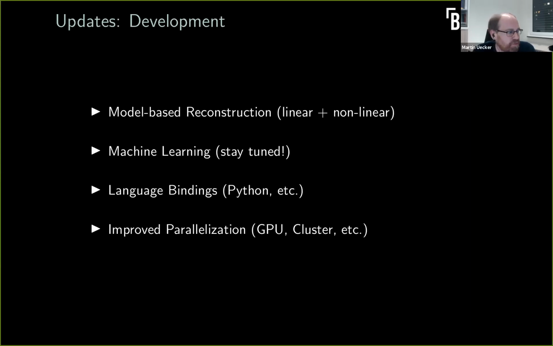There are some improvements already integrated and more upcoming. We also hope to support BART on the cluster so that you can do reconstructions which span multiple cluster nodes. These are topics which are actively being worked on, and some of this will appear very soon in the BART toolbox.